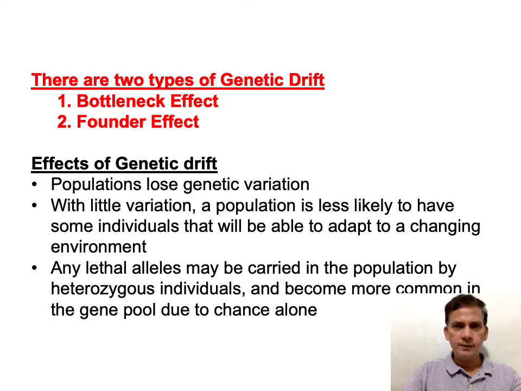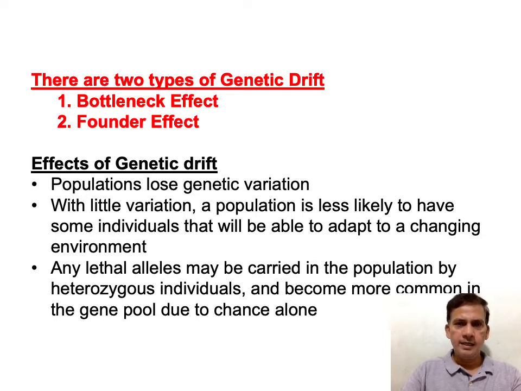Now in case of any mishap or natural catastrophe, let's say forest fire, drought, or flood, since those individuals are almost similar, their chances of survival will be almost similar. So it is quite possible that only few individuals will survive.